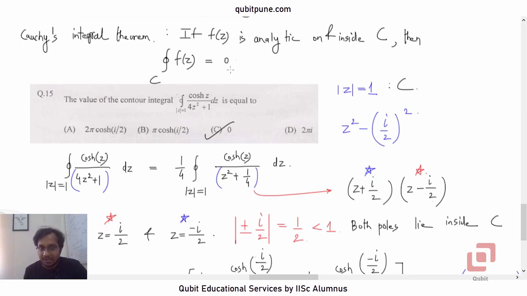This is Cauchy's integral theorem, we know that. But the converse of Cauchy's integral theorem is not always true, and question 15 that we have solved just now is a proof of that.